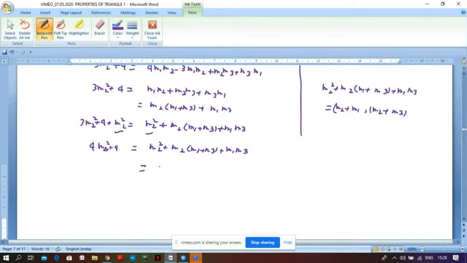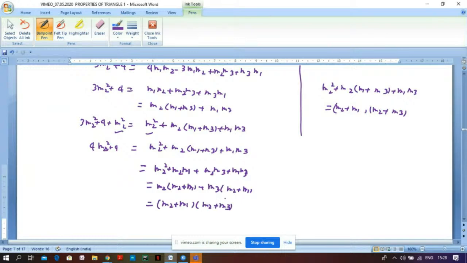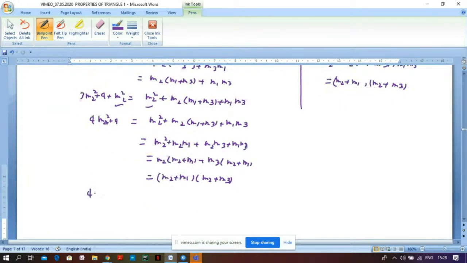I can combine them and take a factor: M2 squared plus M2 M1 plus M2 M3 plus M1 M3. So M2 times M2 plus M1, and plus M3 times M2 plus M1. So we'll get M2 plus M1 times M2 plus M3. So ultimately we get 4M2 squared plus 4 equals M2 plus M1 times M2 plus M3.